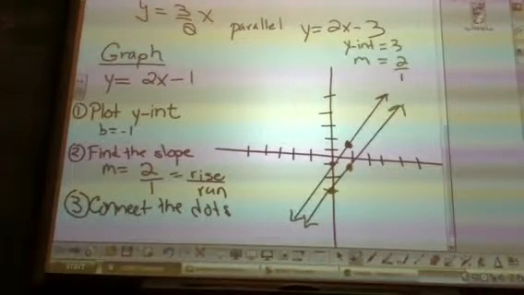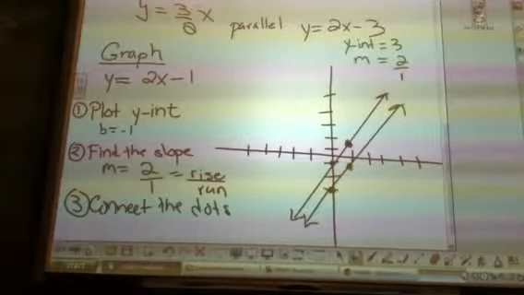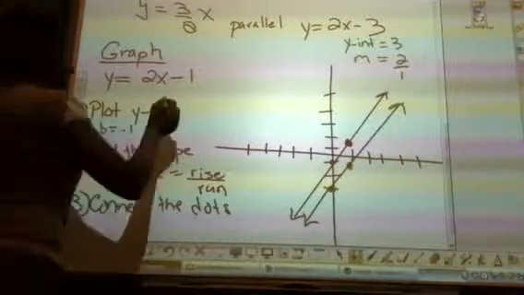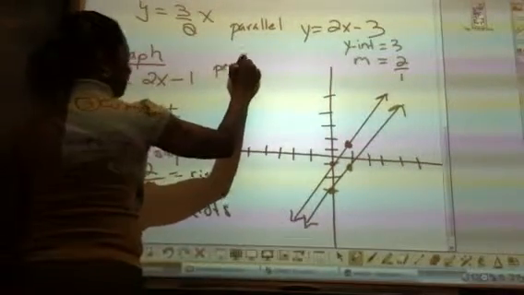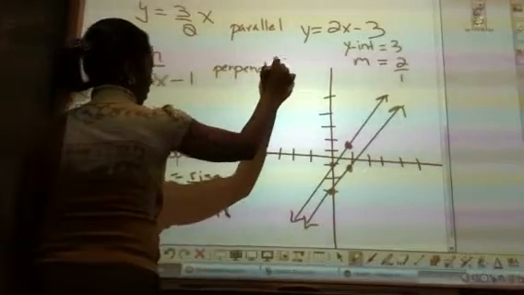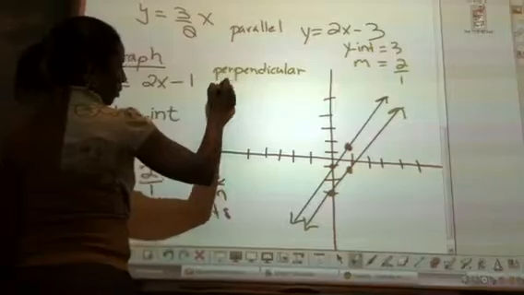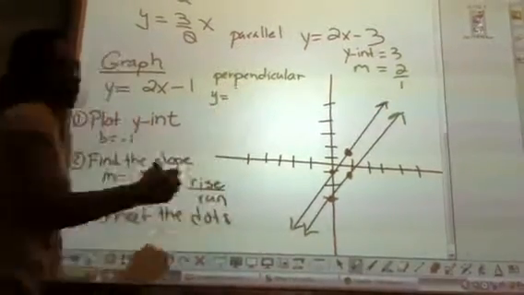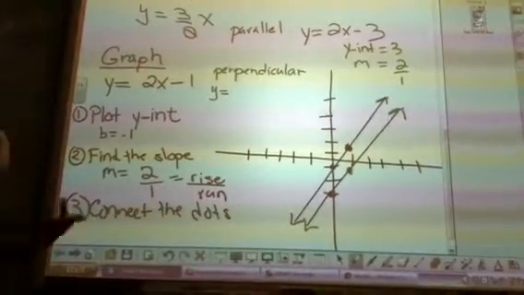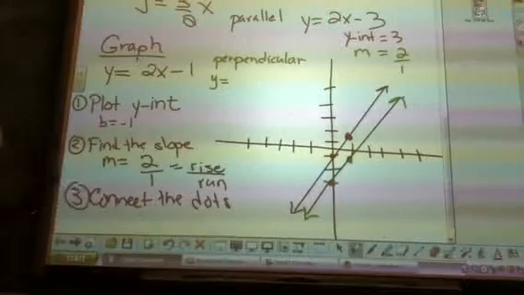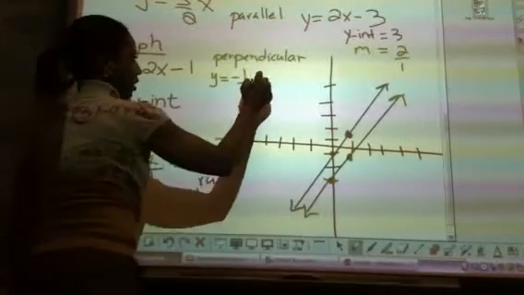And then for a perpendicular, what would my new slope be? 1 over 2. Close? Negative 1 over 2. Change the sign. So give me an equation. Y equals just negative 1 over 2x.